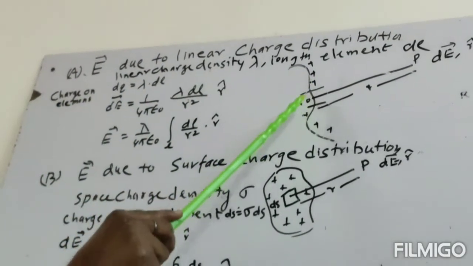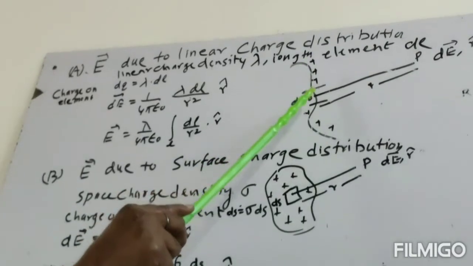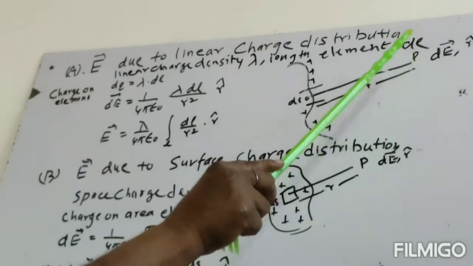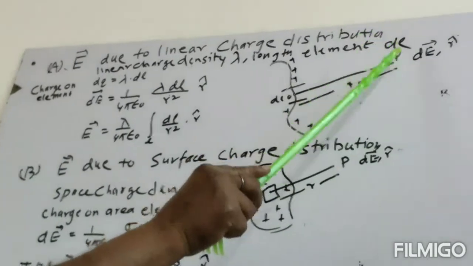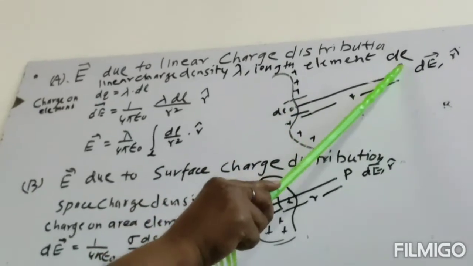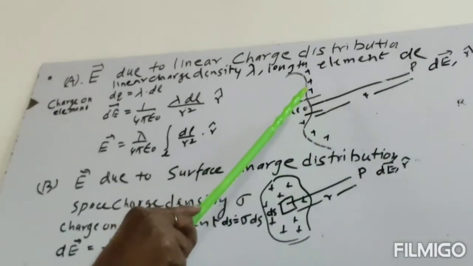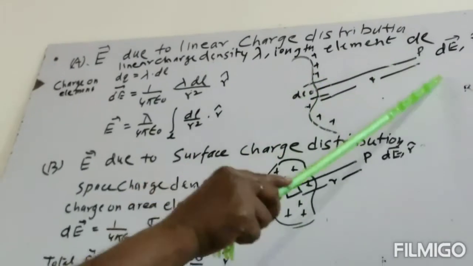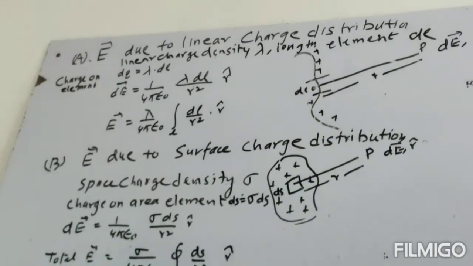Now O is the center of this small element, and we consider point P, the point of observation, where we will find the electrical field. The electrical field at point P due to the charge of this small element can be calculated by Coulomb's law.